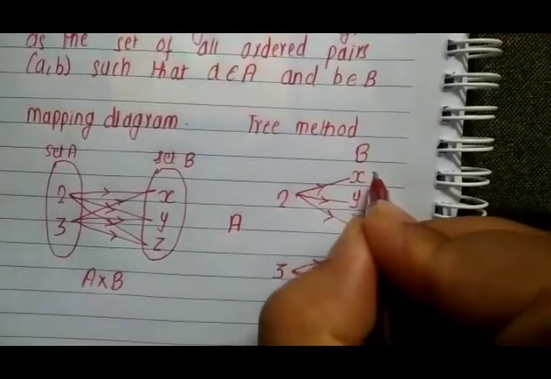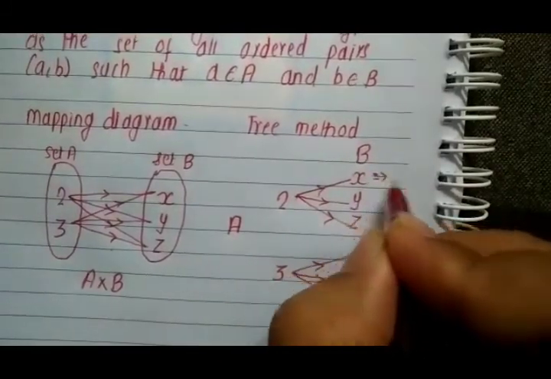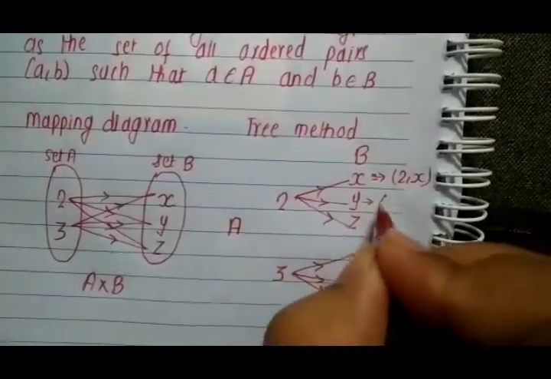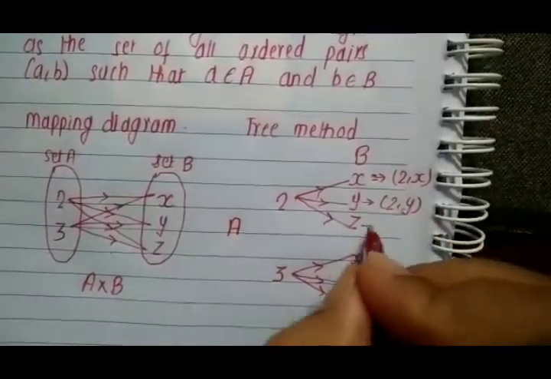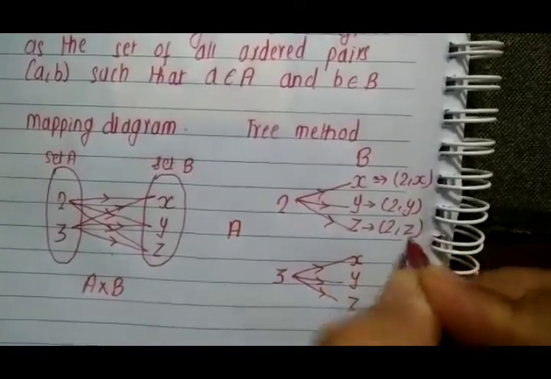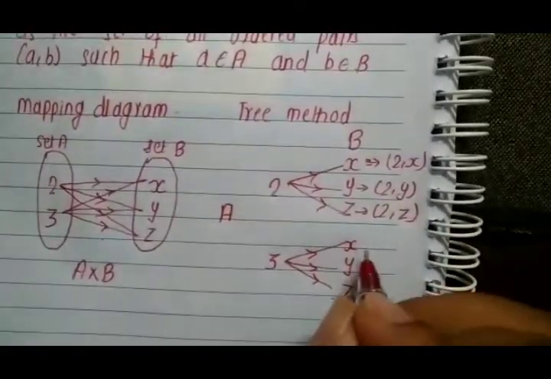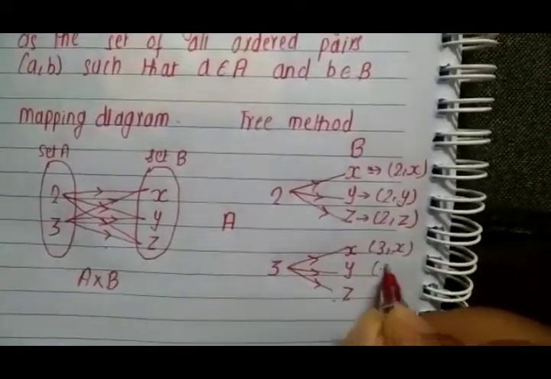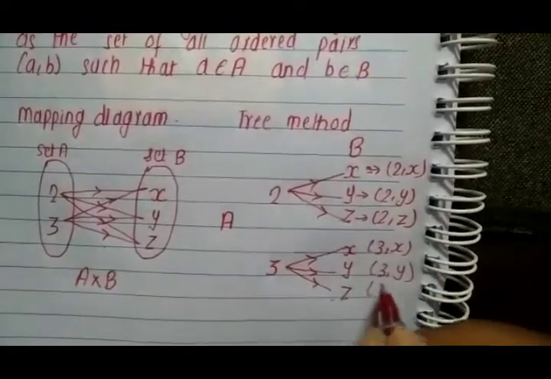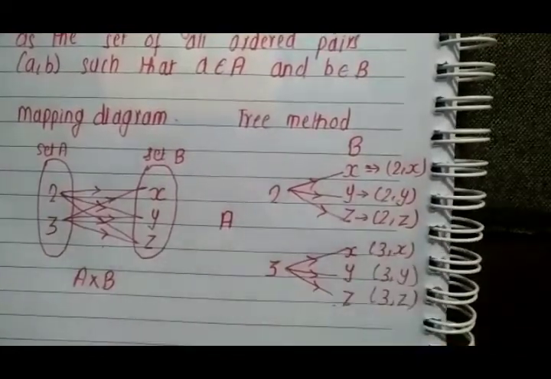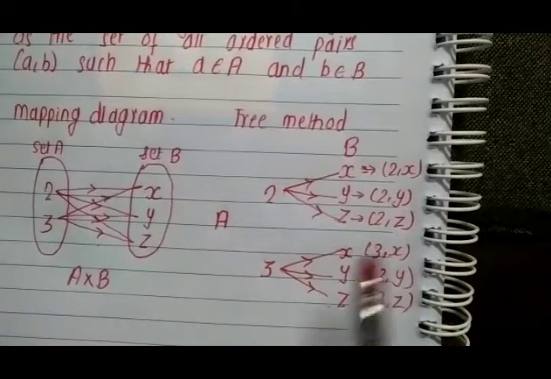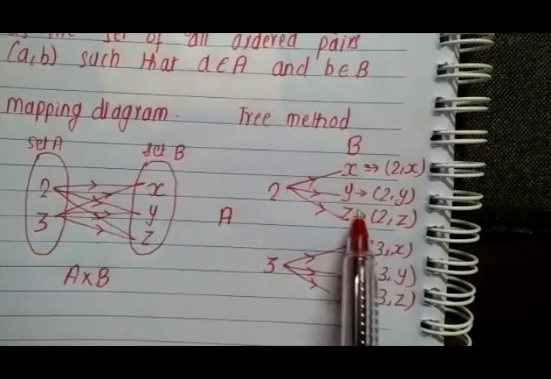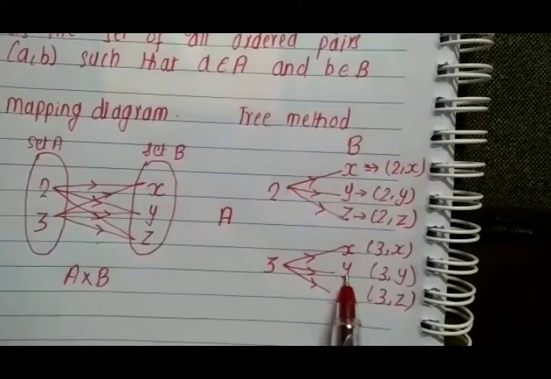Now let's write the final answers too. You can give one arrow like this: 2, x; 2, y; this is 2, z. Likewise 3 will also pair with all the elements, so it will be 3, x; 3, y; and then 3, z. See, this is a tree diagram. It looks like a tree. So 2 is matching with x, y, z and 3 also matched with x, y, z.